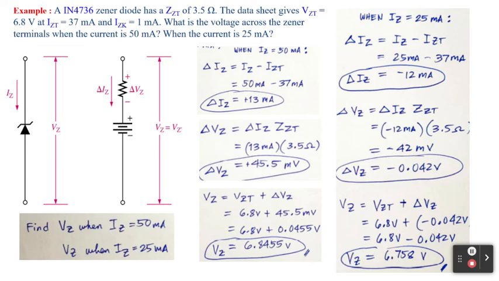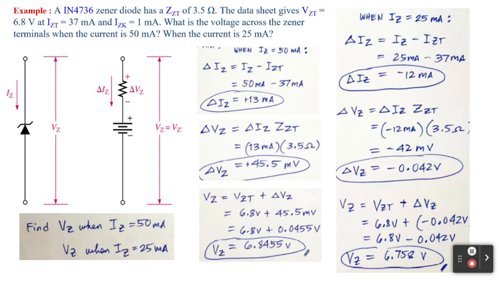So as you can see here, the value of the VZ, whether the IZ is 50 milliamperes or 25 milliamperes, is still approximately the same. So 6.8 rounded, and this is also 6.8 when rounded. Therefore, we can say that the effect of the internal resistance or impedance of the Zener diode is not necessarily big.